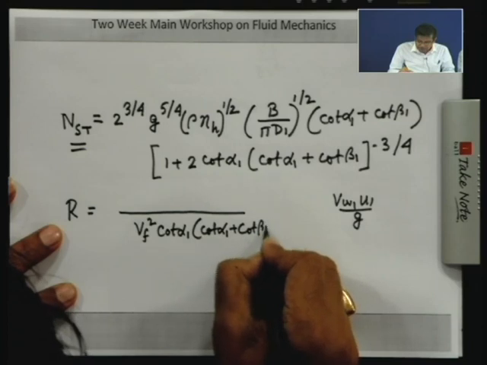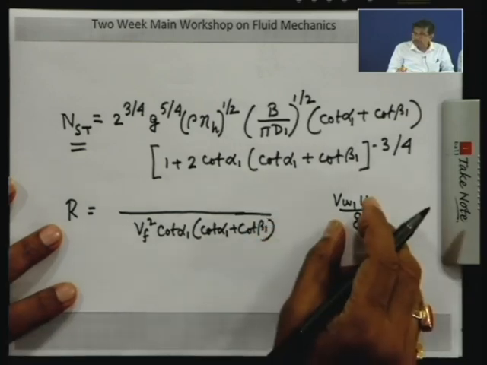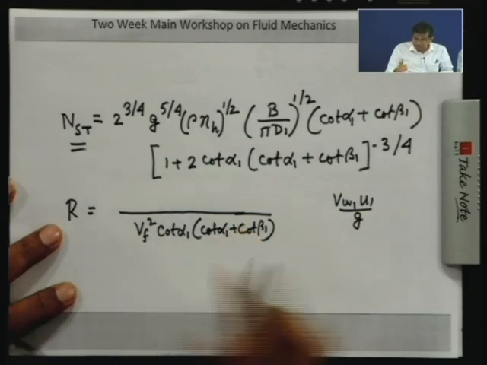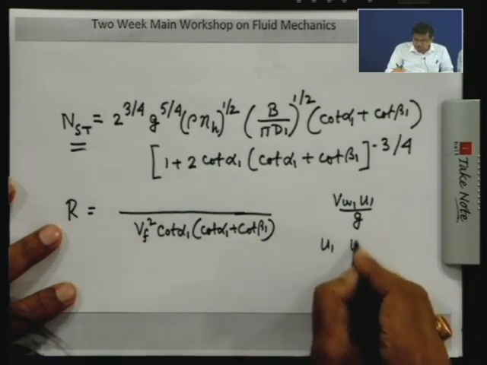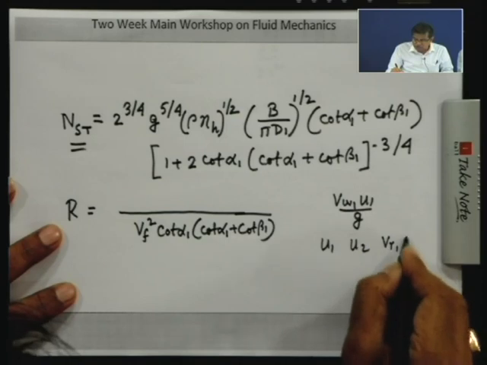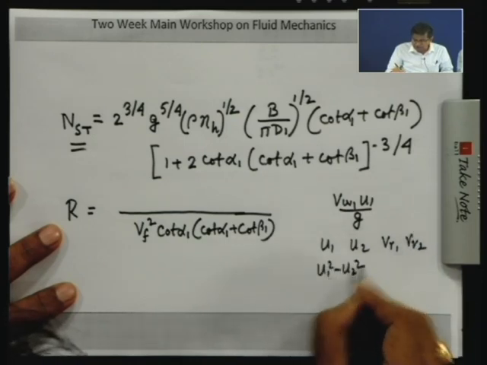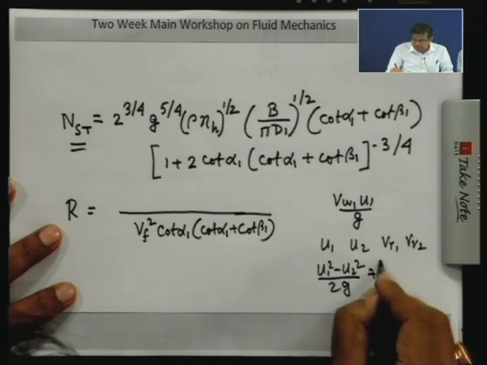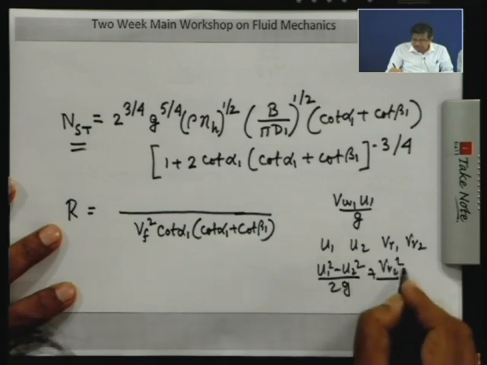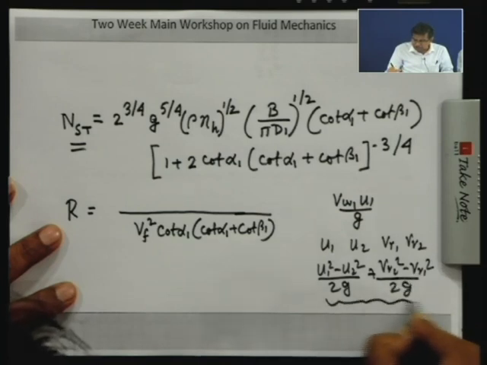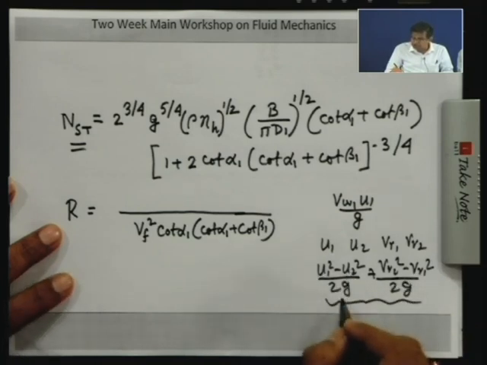This is the total head developed. Now, how much is the static head? Without any information on U1, U2, VR1, VR2, I cannot tell, because this is U1 square minus U2 square by 2g plus VR2 square minus VR1 square by 2g. I do not know this information about the relative velocity and the blade speed at outlet and inlet.